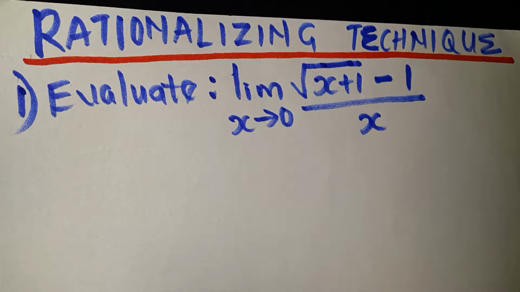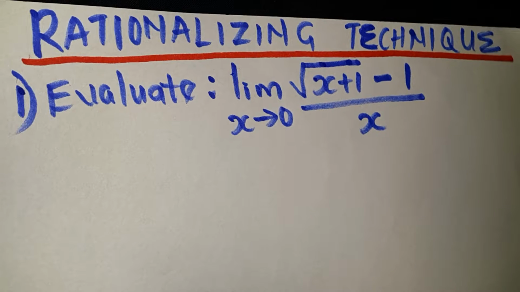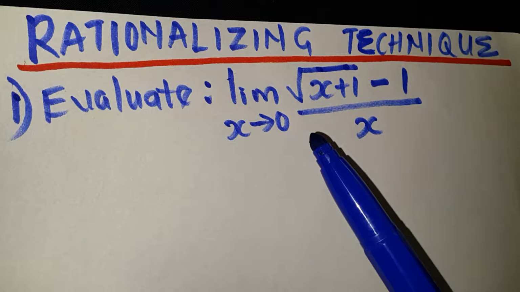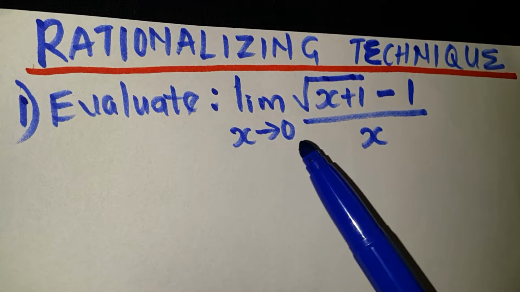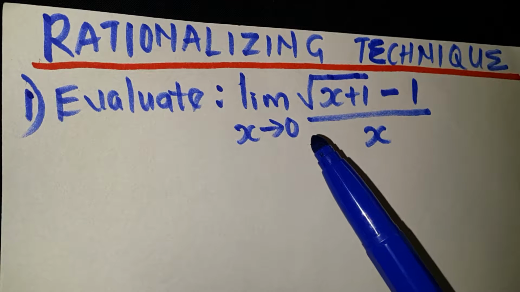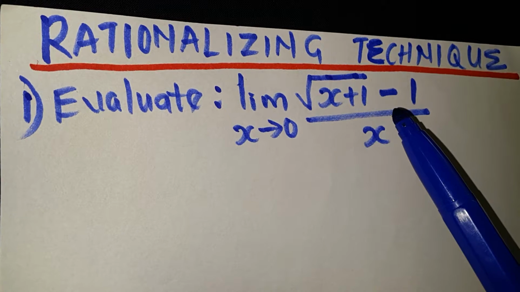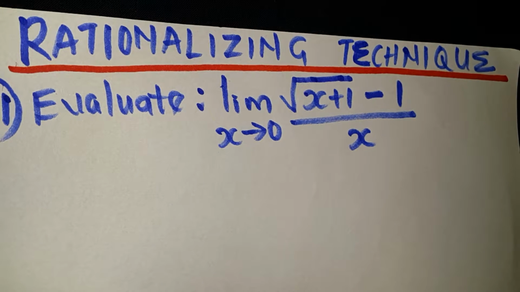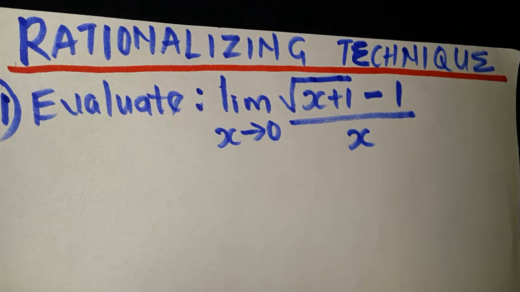So the rationalizing technique is also like the dividing out technique. What you have to do here is check by plugging in what our x is tending to. In this case, x is tending to 0, so we'll be plugging in 0. We're replacing our x with 0 in this function to check if we'll arrive at our answer or we'll get 0 divided by 0.